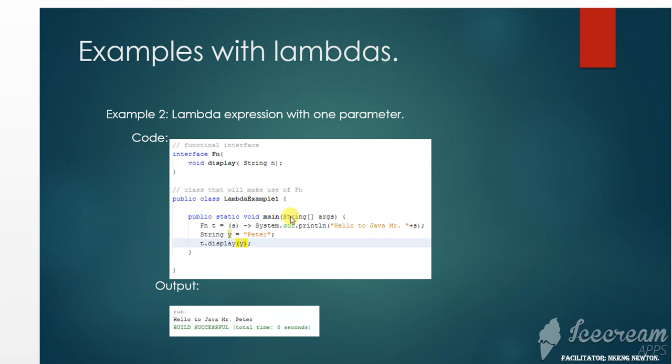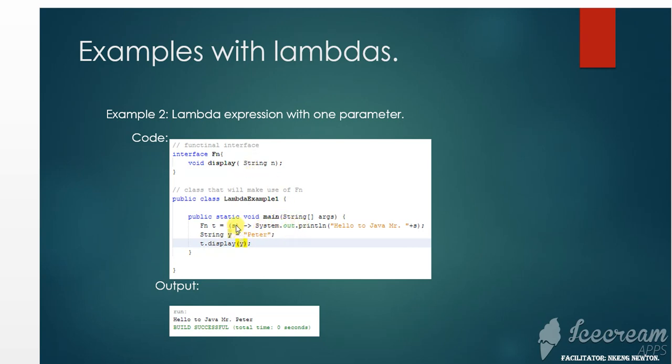If you don't make sure that the Lambda expression matches the signature of this method, Java is going to tell you that it doesn't know what you're calling. Remember, you use T to call display, and when you say T.display, display is the one that knows how to consume this Lambda expression.